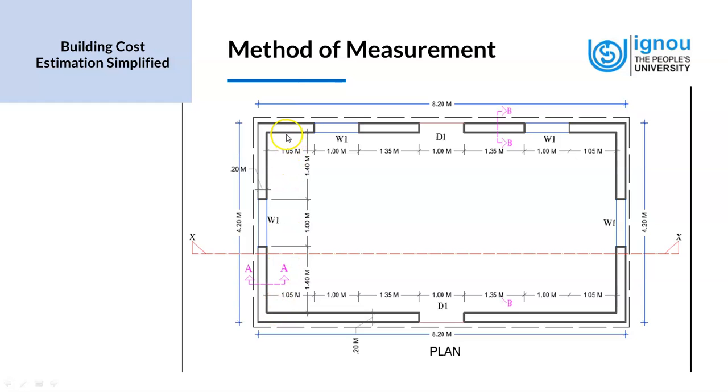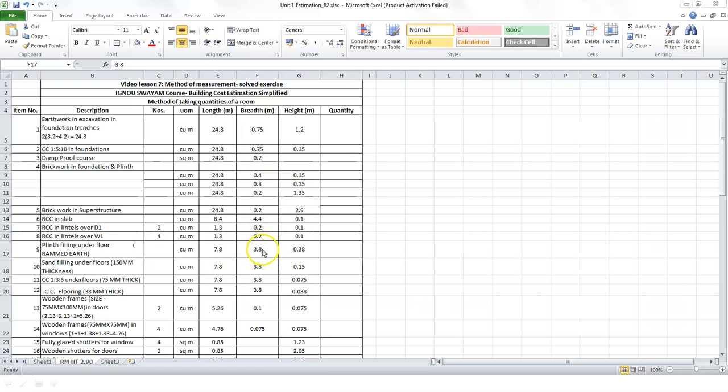So we subtract 0.2 on one side and 0.2 on the other side, which is 4.2 minus 0.2 minus 0.2, and that is 3.8 meters. So we have 3.8 meters as the breadth of the rammed earth under the plinth filling.